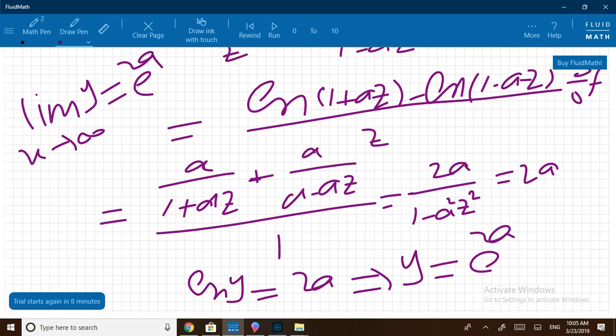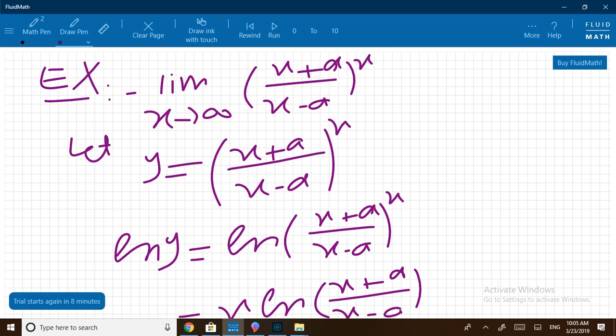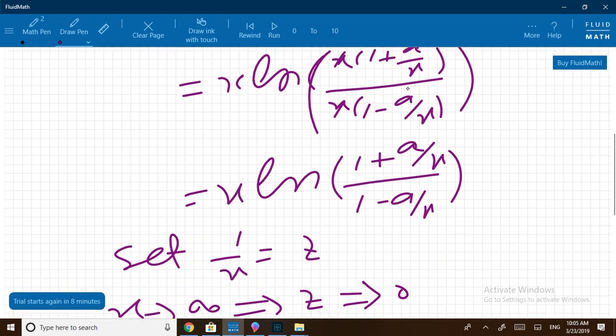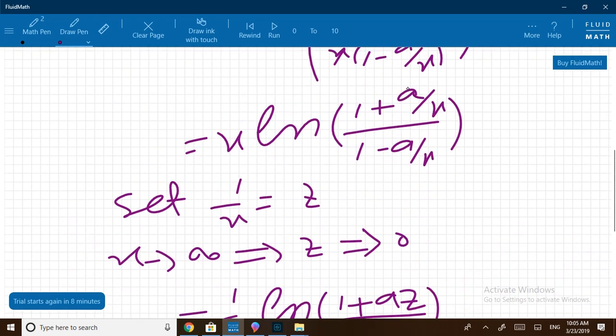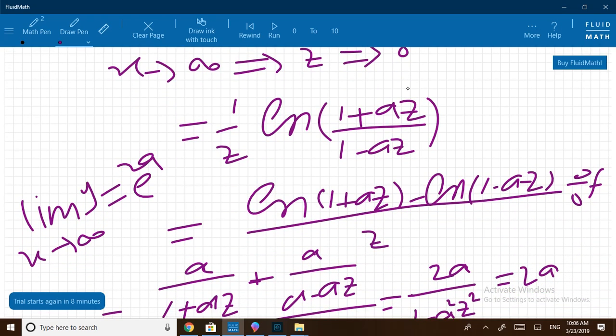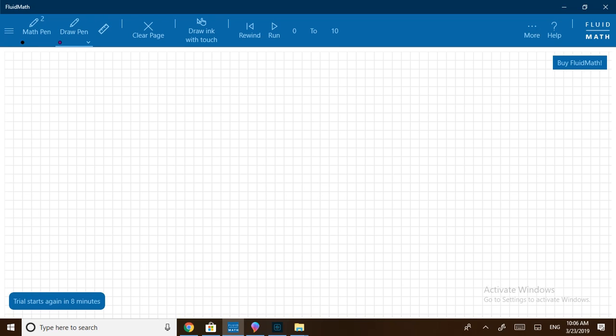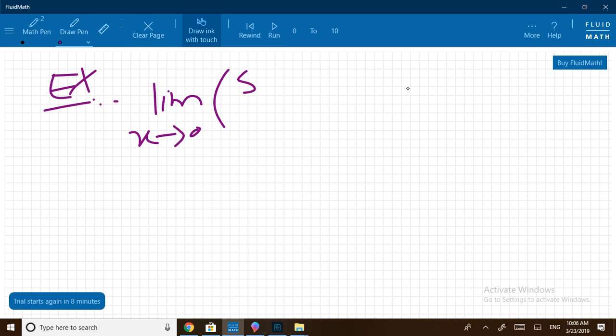Okay, let me take a look at this question. The limit as x approaches 0 of (sine hyperbolic x divided by x) raised to the power 1 by x square.